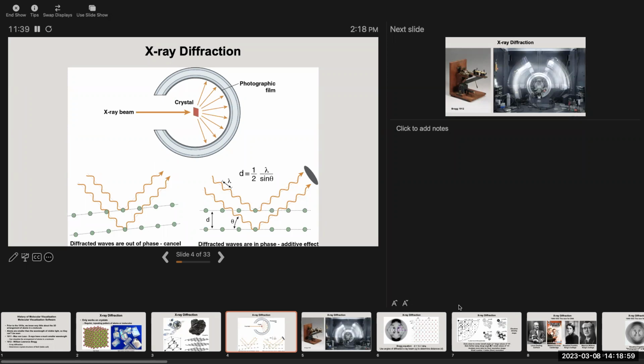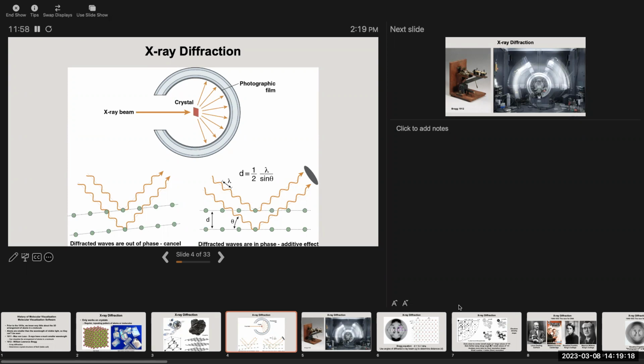You shine that beam of X-ray into the device, the X-ray is going to pass through the crystal, and the X-ray beam is going to be diffracted, meaning it's going to be bent by the repeating layers of atoms or repeating layers of molecules within the crystal.